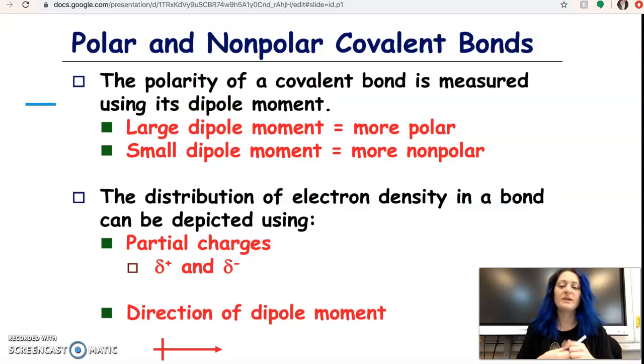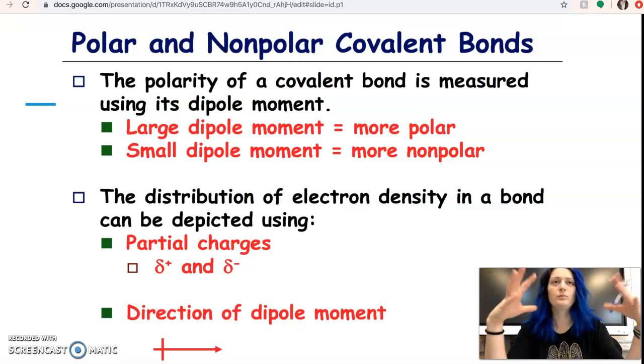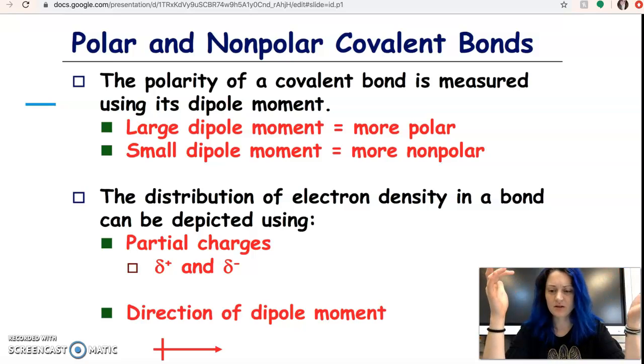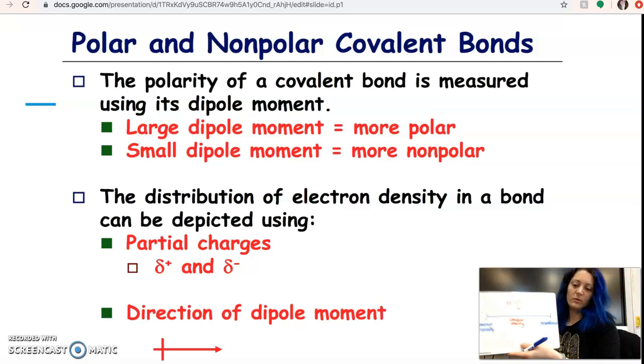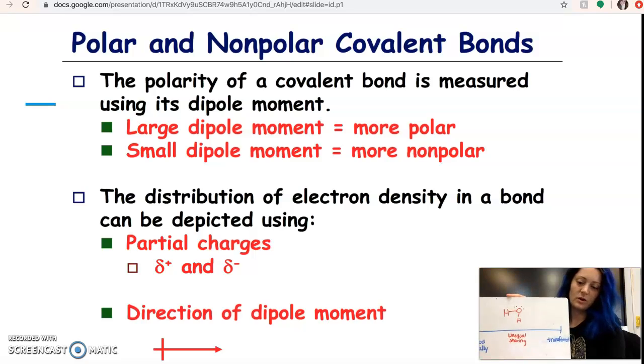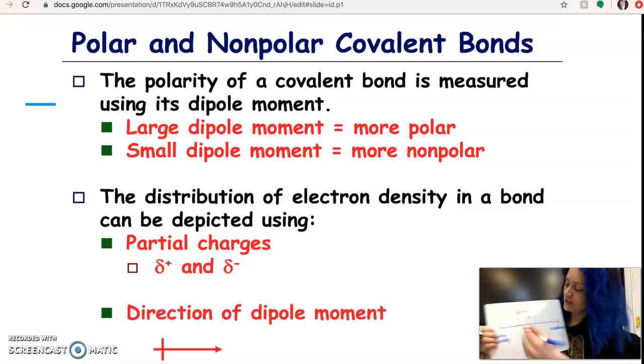So we use this term dipole moment to imply the magnitude and direction of a polar bond. So the dipole moment is the actual value of the difference in electronegativity. So when we were looking at water, for example, right, here's water's Lewis dot diagram, we determined that the difference in electronegativity there was 1.4.